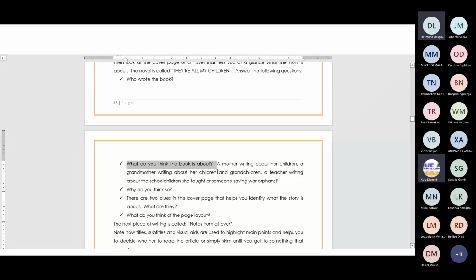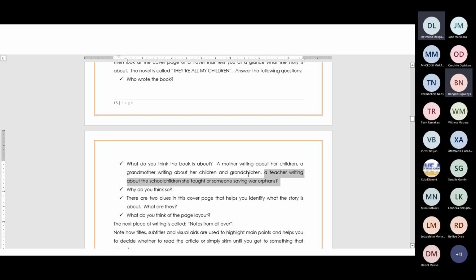Okay, they give you some options here. Leon Johnson. A mother writing about her children, a grandmother writing about her children and grandchildren, a teacher writing about school children she taught, or someone saving war orphans. Which one do you think it is?